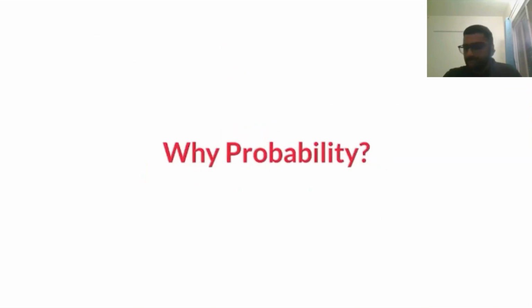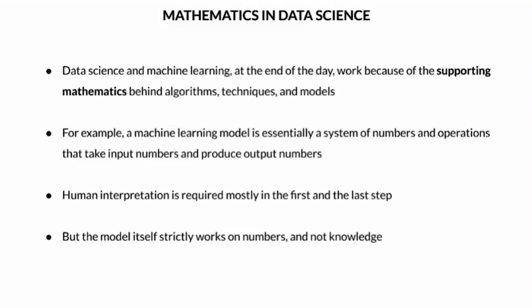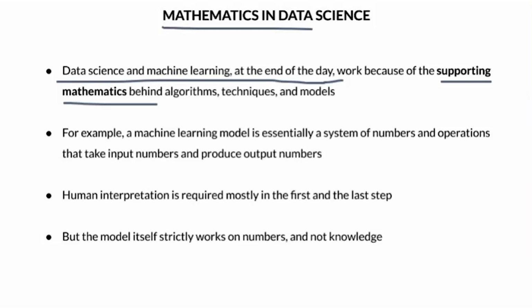Let's start with why probability. Probability is obviously a mathematical concept. So first, let's talk about mathematics in data science. If you look at data science and machine learning, at the end of the day, if you sit back and look at this domain, all of this is working mainly because of the supporting mathematics behind all these algorithms, techniques, and models.